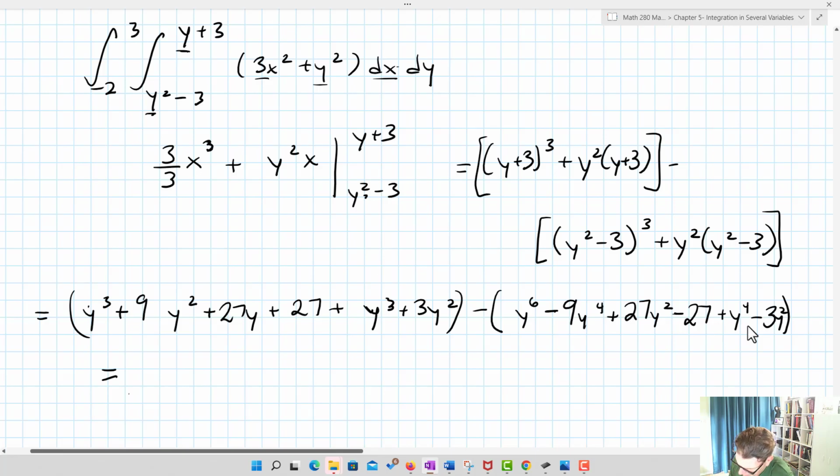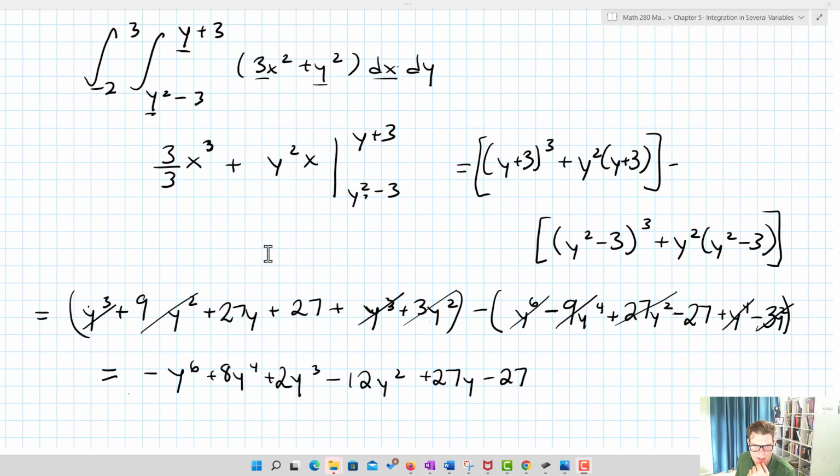Let's simplify this out. Simplifying there, we get negative y to the 6th plus 8y to the 4th plus 2y cubed minus 12y squared plus 27y, and actually this is going to end up giving me plus 54. Always good to check your work. Plus 54. So that's the thing we have inside our bounds of integration.